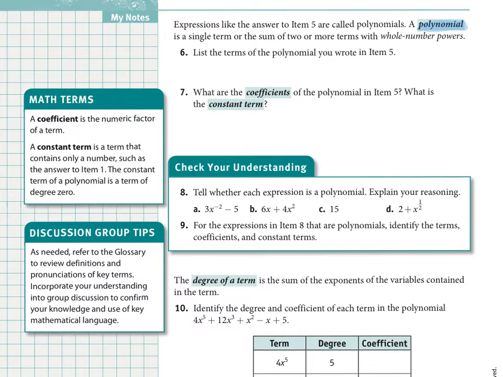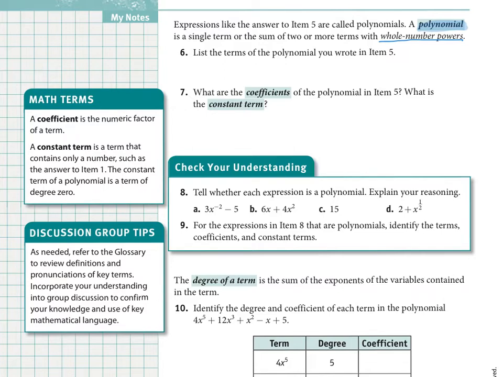Polynomials can be a single term or the sum of 2 or more terms. Now, an important part here is that they have to have whole number powers. What we learned a little while ago about fractional exponents or fractional powers is not what a polynomial is. So we're going to stick with whole numbers.